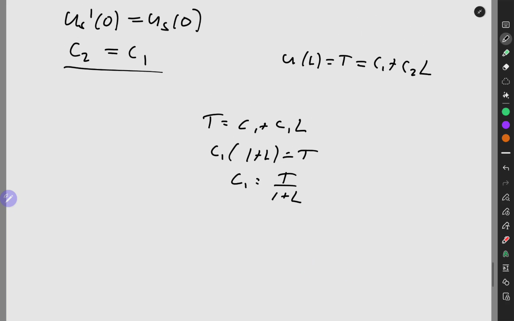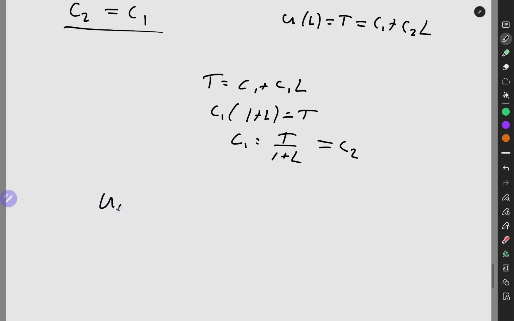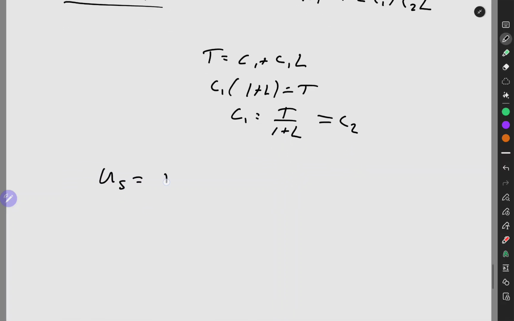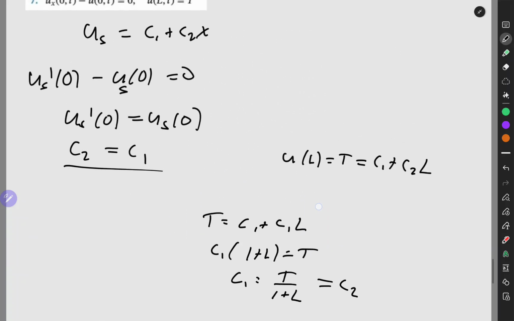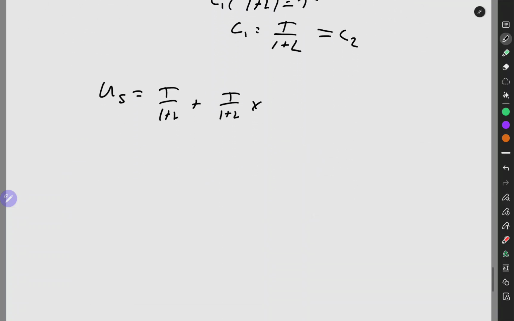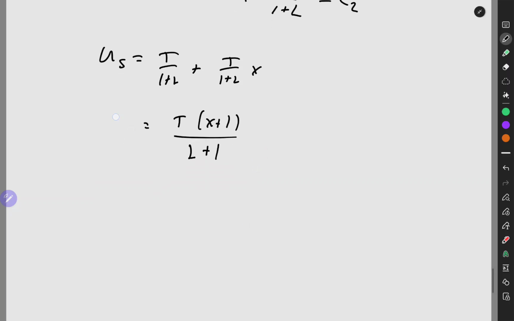So if that's C1, we know that C1 is equal to C2. So let's plug the stuff into here. Right? And then we can rewrite that. That's correct though. This would be of x, of course, not time dependent.